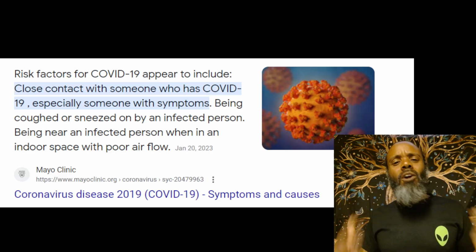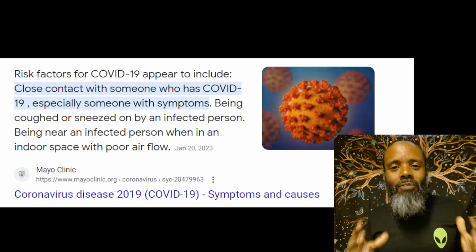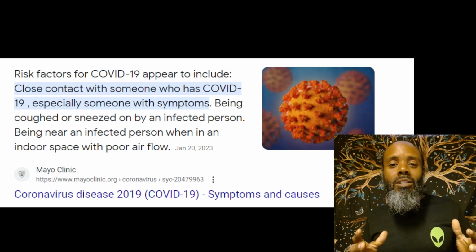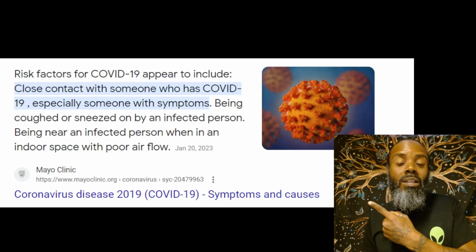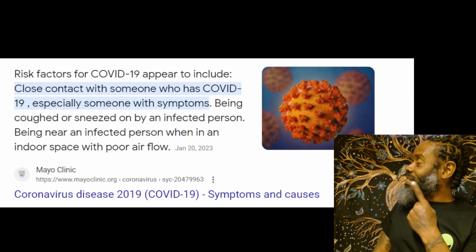Well, how did the first person get COVID-19? Where did the very first case of coronavirus come from? Because according to this bullshit, this is saying that you have to be around someone with COVID to get COVID.